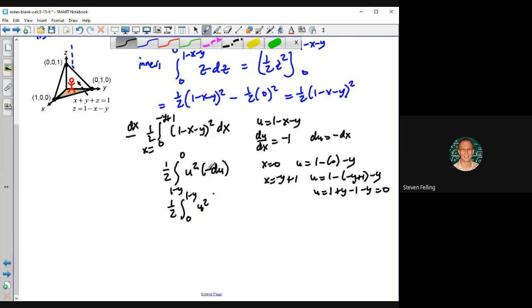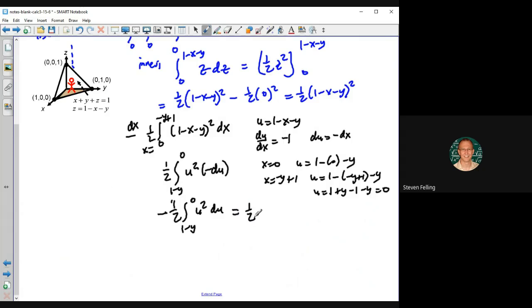So let me explicitly show that so there's no confusion. If I do this, I can write this as negative 1/2 integral from 1 minus y to 0 of u squared du, which is equal to positive 1/2 integral from 0 to 1 minus y of u squared du.